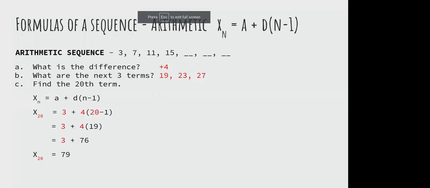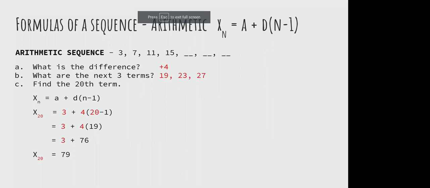All right, so last week we talked about using formulas to find terms of a sequence because sometimes they may ask you for a term that's further down in the sequence, not the next three. They may ask you the 15th, the 35th, the 55th.